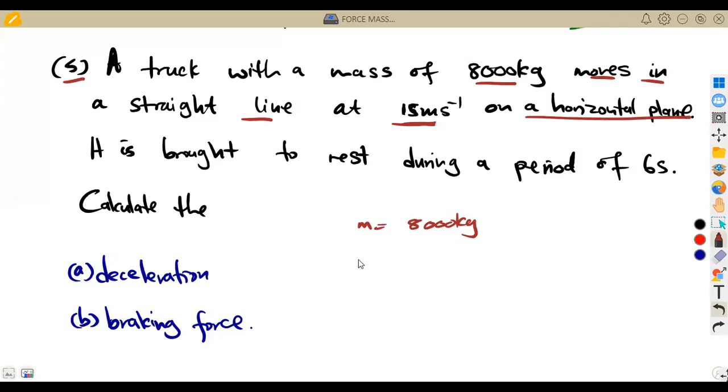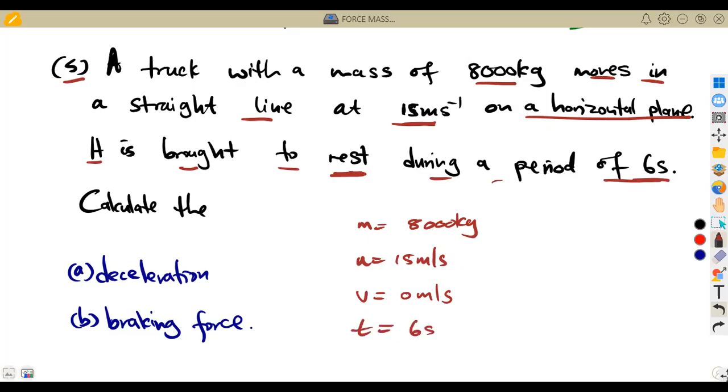So meaning to say we have got the initial velocity of 15 meters per second. Now it is brought to rest. Meaning to say our final velocity is 0 meters per second. During a period of 6 seconds, we are given the time frame of 6 seconds.